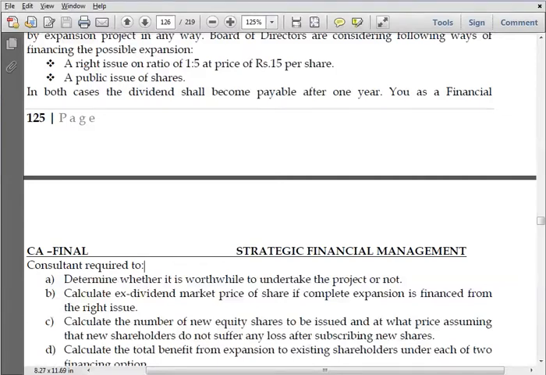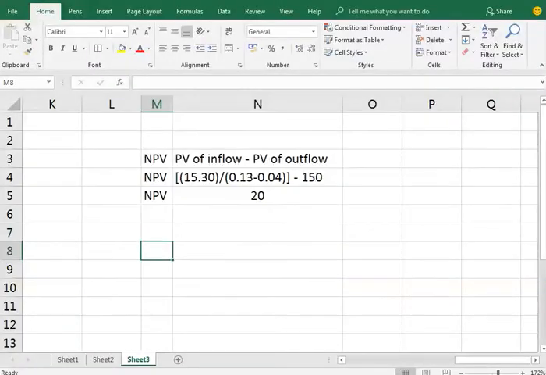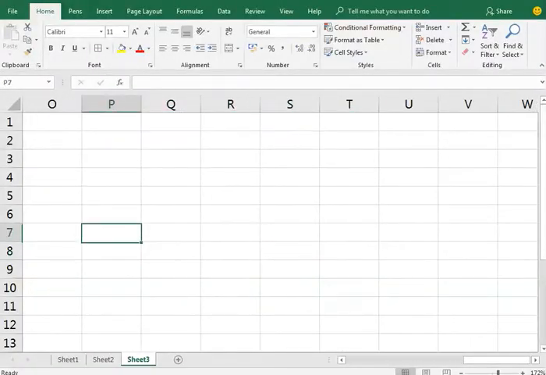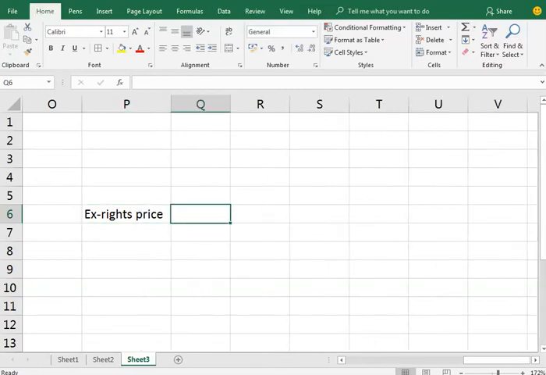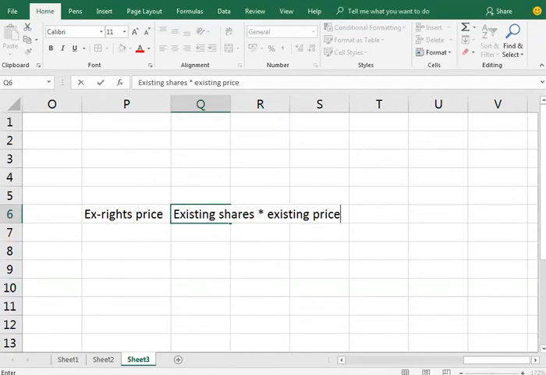Then ex-rights price: existing shares into existing price plus new shares into issue price, divided by existing shares plus new shares.